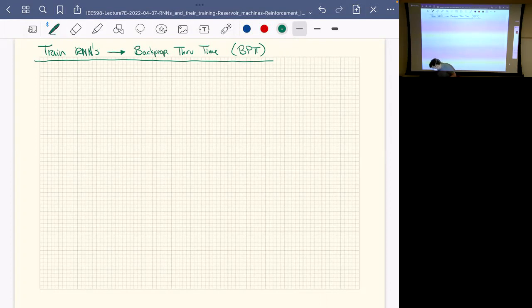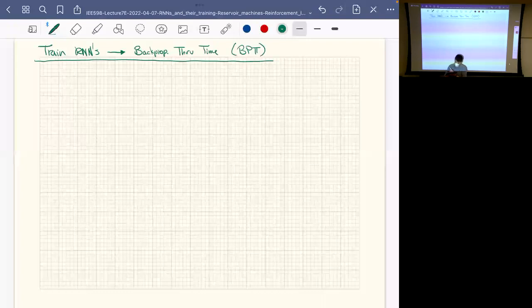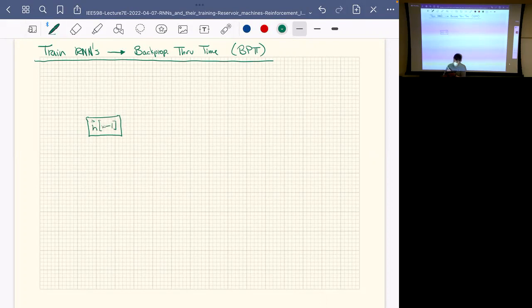And the way we view it is, you could imagine that if we want to unfold a network in time, then we're going to have these nodes. These are those hidden states. And I might have my hidden state at time k minus 1, and I've got my hidden state at time k, and I've got my hidden state at time k plus 1.